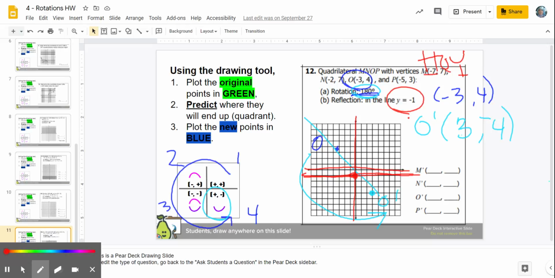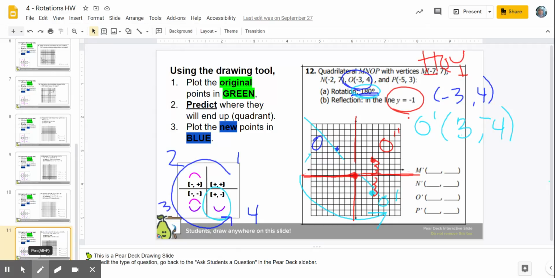So getting the right line is step number one, right? And this is probably the hardest thing you would have to do. So instead of the x-axis, we're going to use Y equals -1. So if I go from my point here, I can go 1, 2, 3 up to the line, and then 1, 2, 3 beyond the line, and O double prime is there.